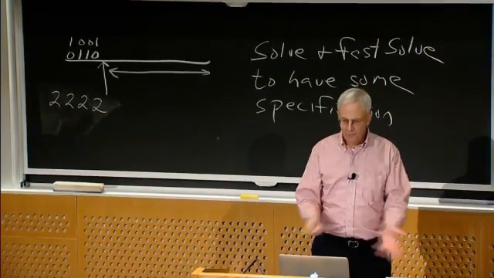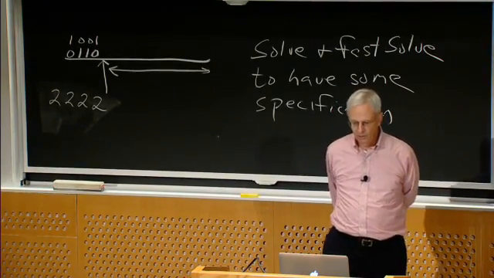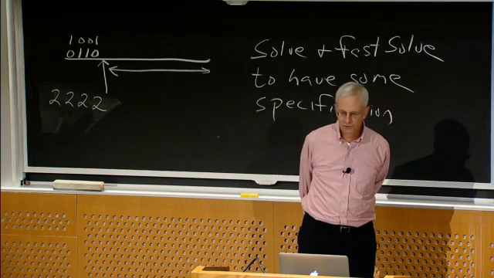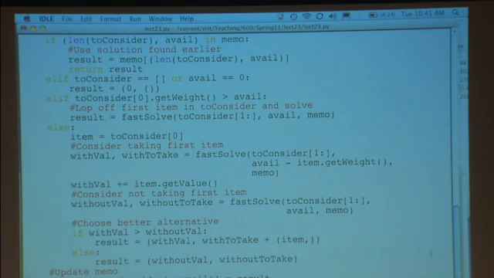So I'll just lop it off and call fast solve recursively with the remaining list, same old value of avail and the same old memo. Otherwise, well, now I have an option of taking the first element in the list.